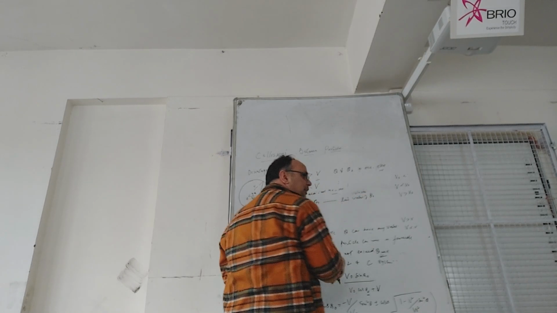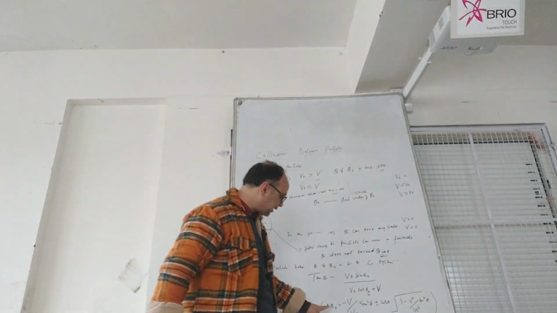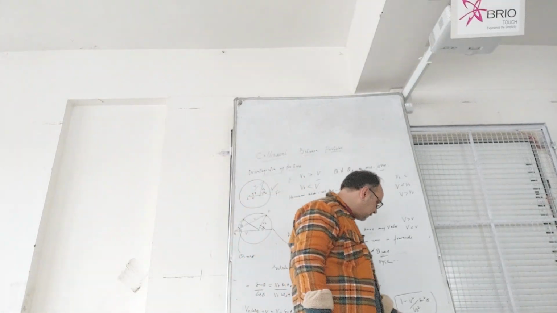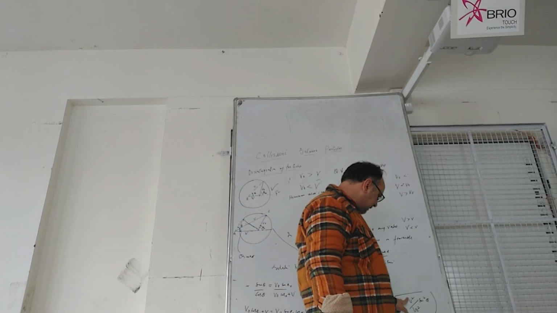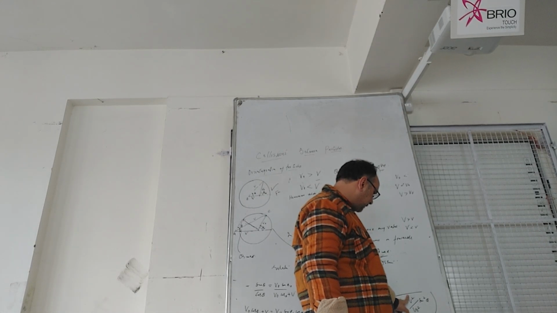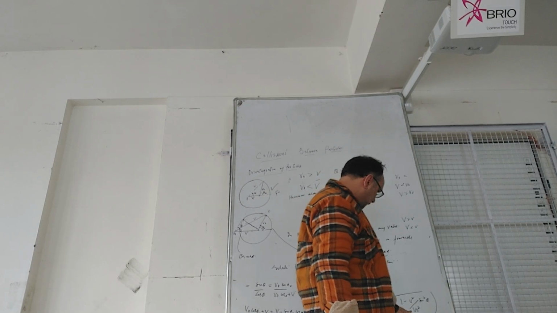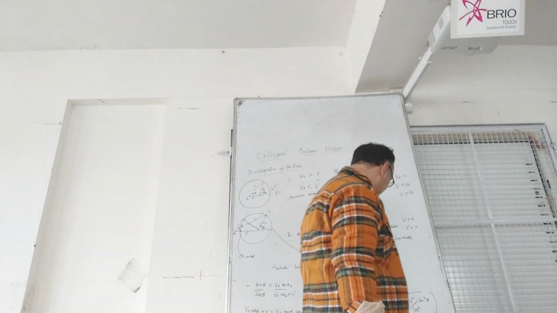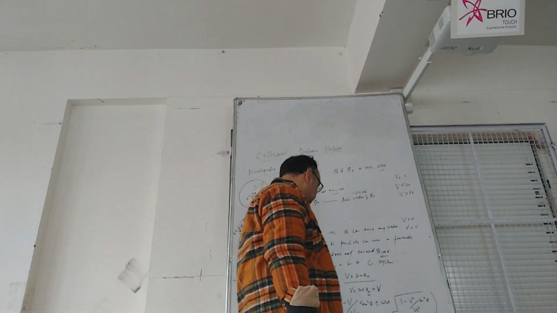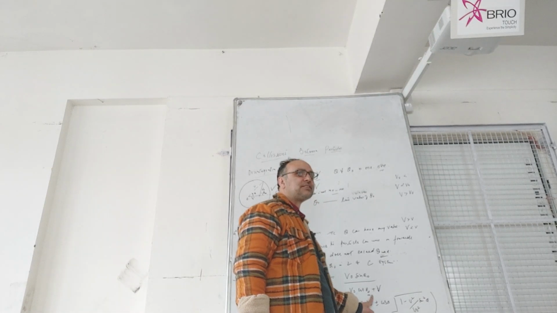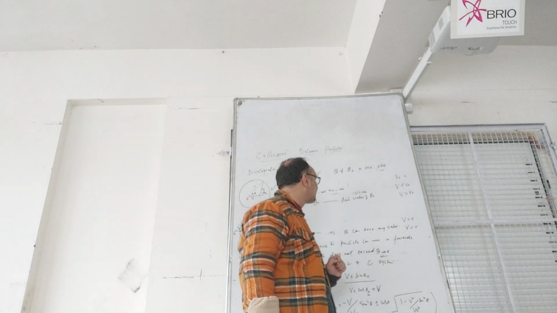You can infer it from here. If V naught is less than V, then this term will come out negative, so two values can come, plus and minus. You can interpret it that way.